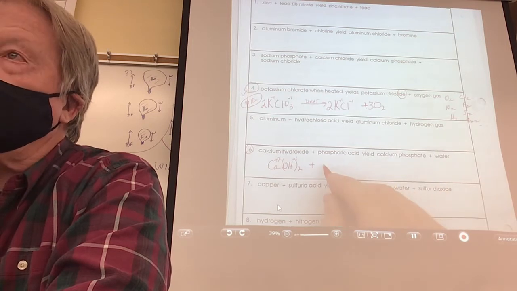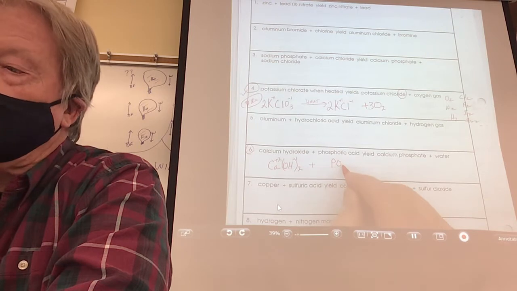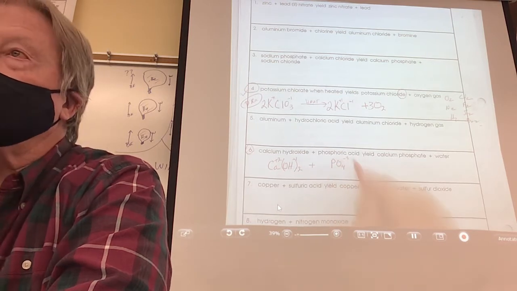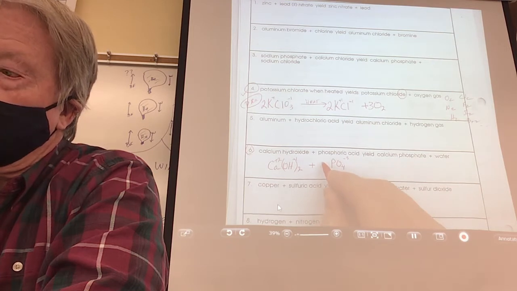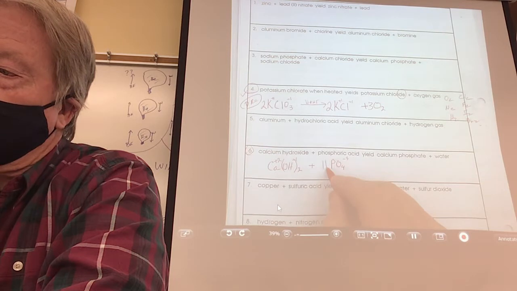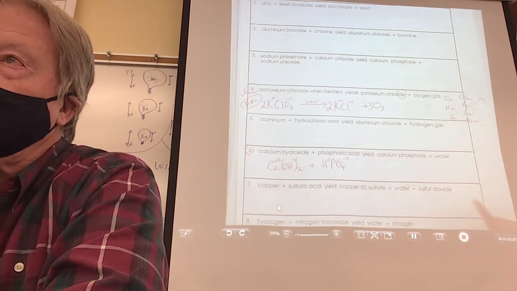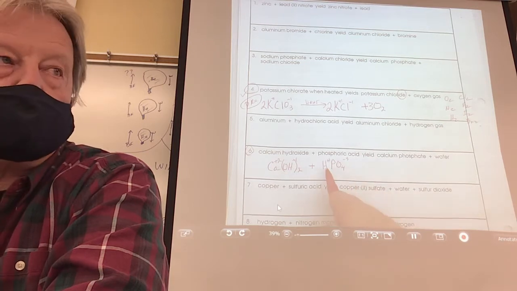Oh, this is a hard one. Phosphoric acid. It has a famous phosphate in it, doesn't it? Wait a minute. It's not an acid yet. How many hydrogens? If phosphate's -3 and hydrogen's +1, how many?